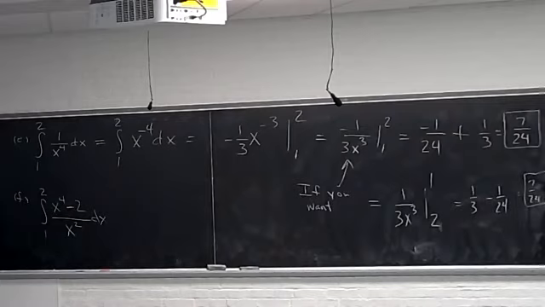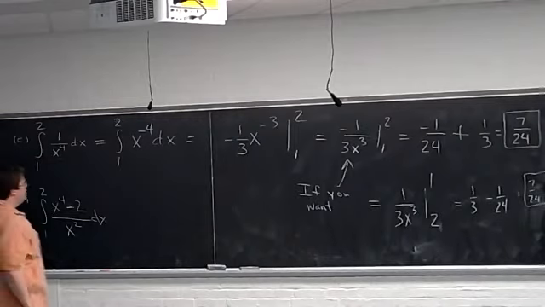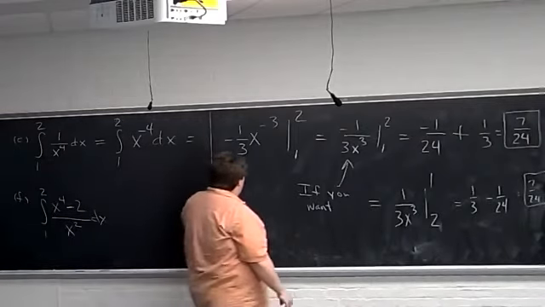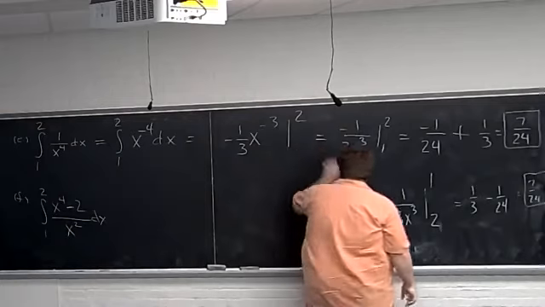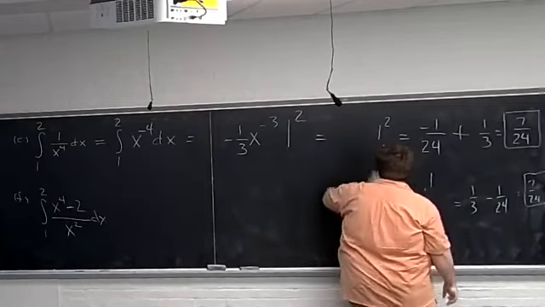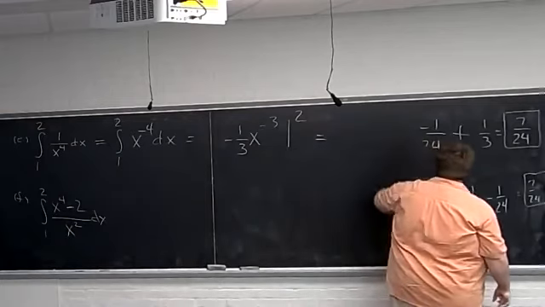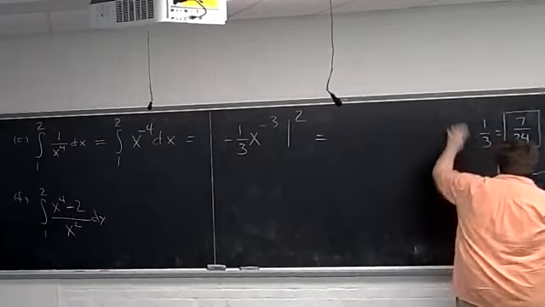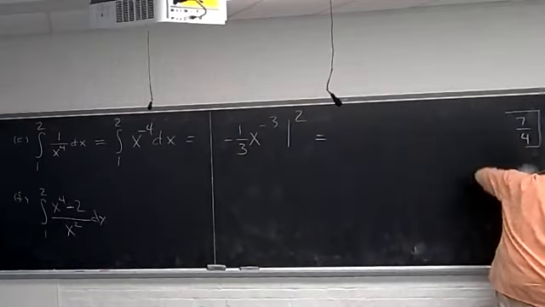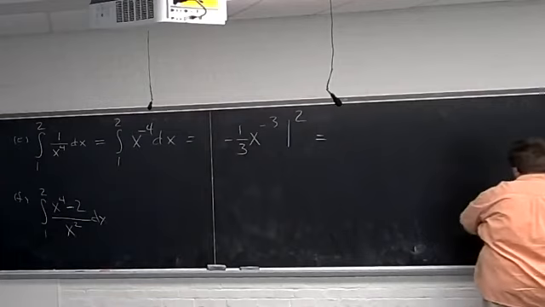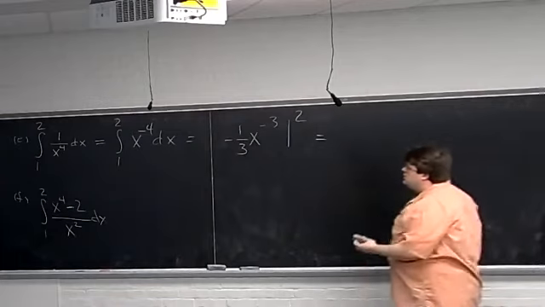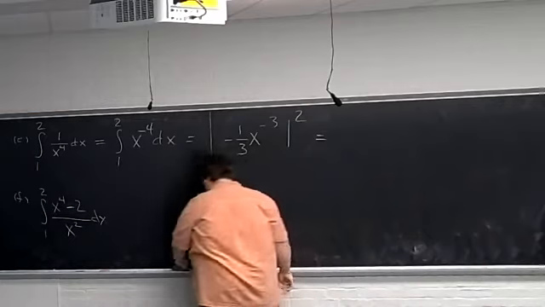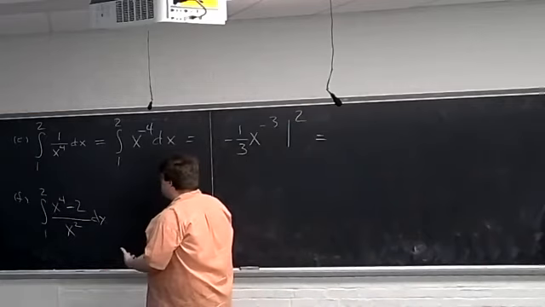The integral of x to the 4th minus 2, over x squared, from 1 to 2. Now, we can't just jump straight into the quotient. But can we rewrite this in a way that will make our antiderivative rules apply?